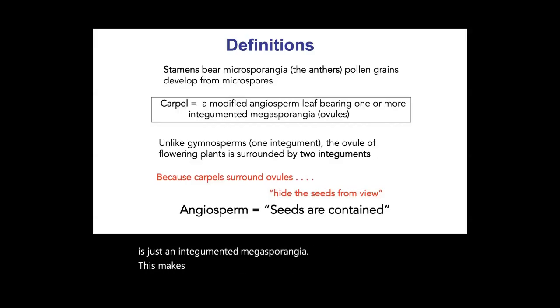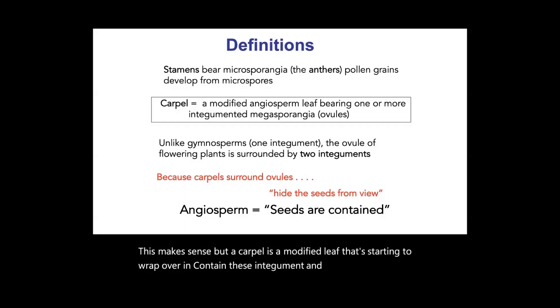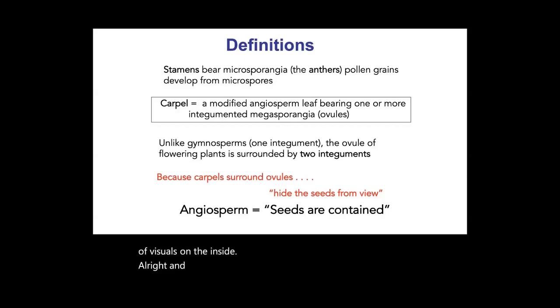But a carpel is a modified leaf that's starting to wrap over and contain these integumented megasporangia or these ovules on the inside. All right, and this is where the second integument comes in. The carpel is the second integument.